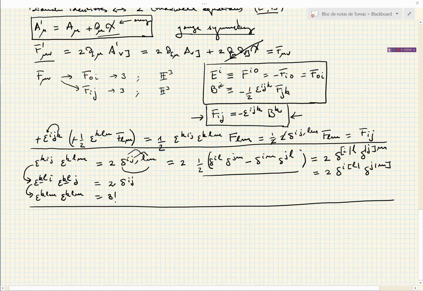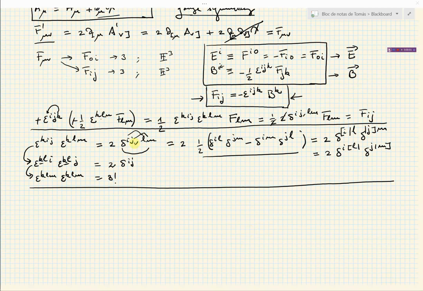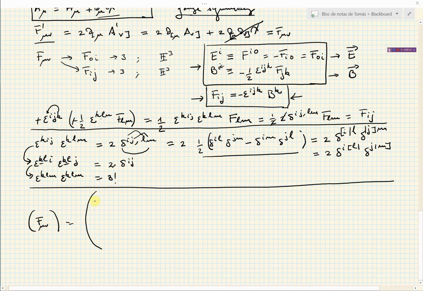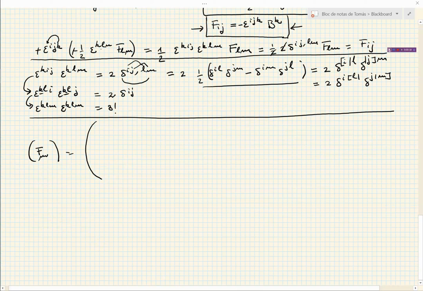Okay, this will be the electric field, and this will be the magnetic field. With this convention for the electric and magnetic fields, the tensor F mu nu can be written in terms of them as follows. So remember that this would be F00, which is 0, and here we have F0i, this is the 0th row.